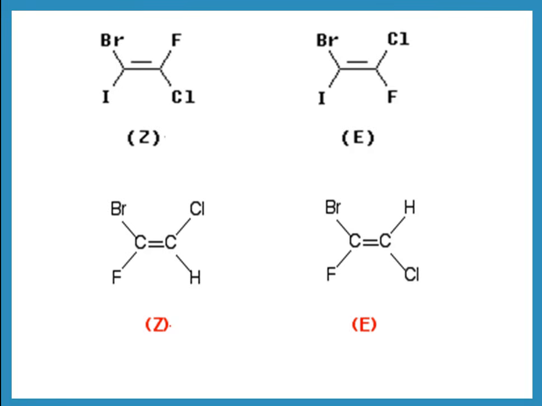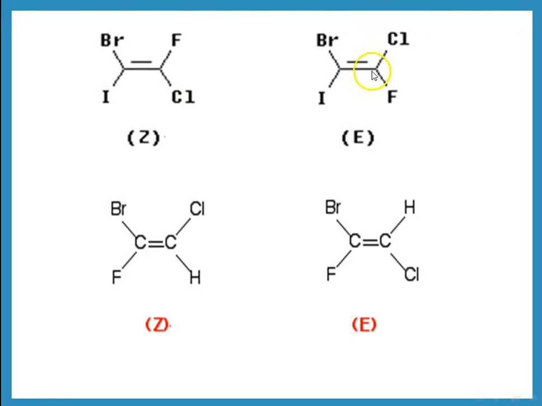That is iodine. Now, on the other side of the double bond, I have a fluorine and a chlorine. Which one has higher atomic mass? It is chlorine. So, iodine and chlorine are on the same side of the double bond. This is what we call a cis or a Z.